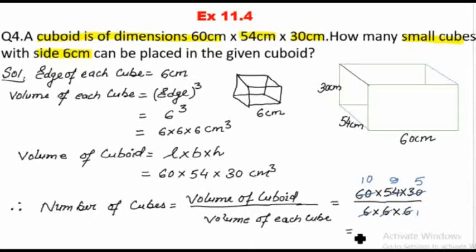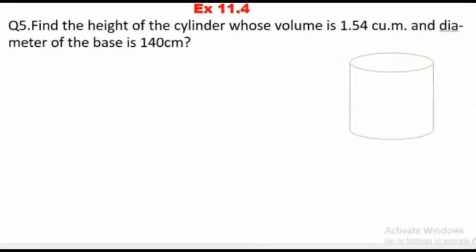So we get 9 into 5 is 45, 45 into 10 is 450 cubes. So total number of cubes which we can place inside this cuboid is 450 cubes.